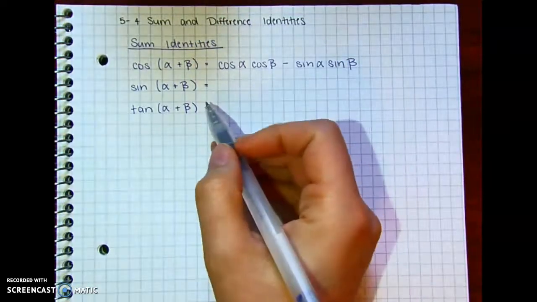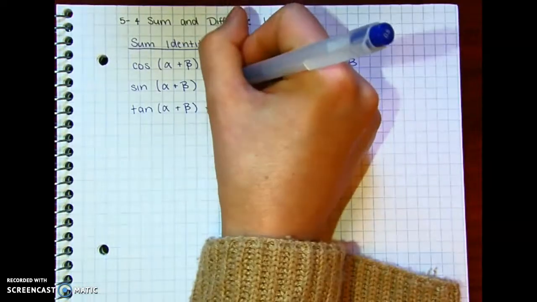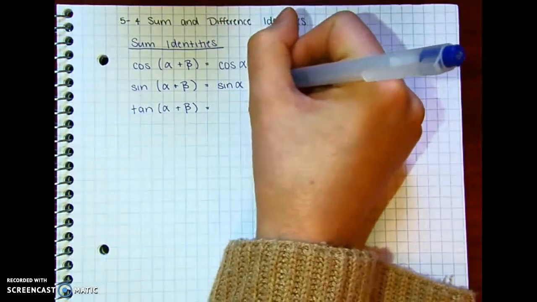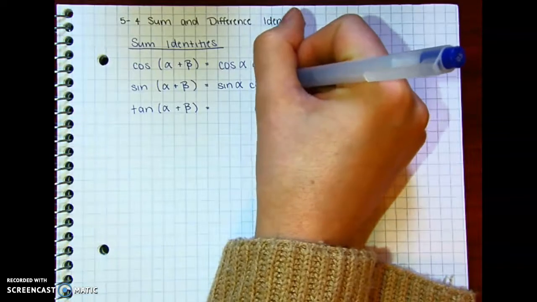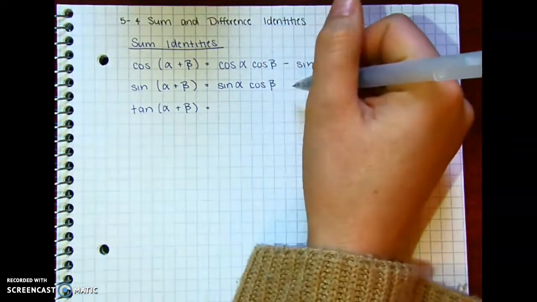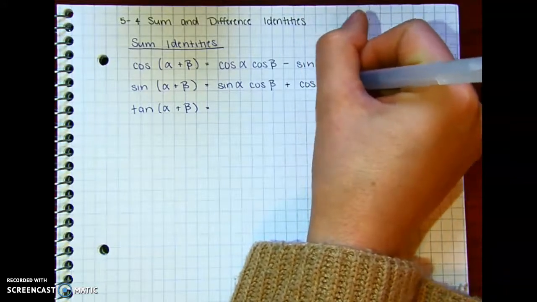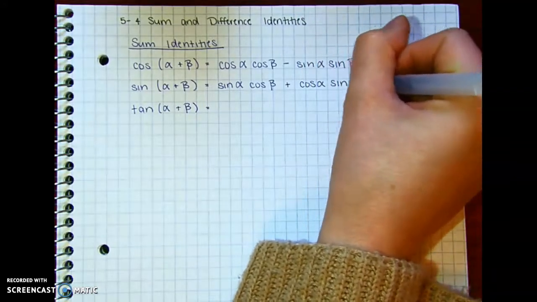Okay, so for sine, it's sine of your first angle times cosine of your second angle plus cosine of your first angle, sine of your second angle.